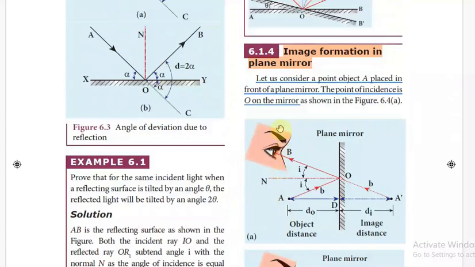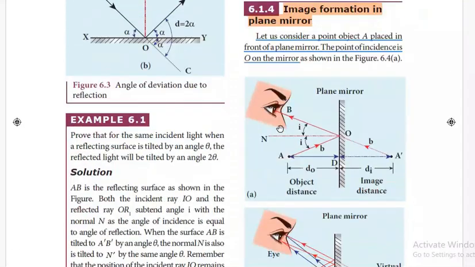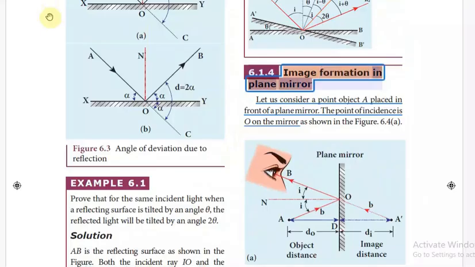Figure 6.3 Angle of deviation due to reflection: a. D equals 180 minus 2i, b. D equals 2 alpha. Example 6.1. Prove that for the same incident light, the object distance equals the image distance in image formation by a plane mirror. Let us consider a point object placed in front of a plane mirror.